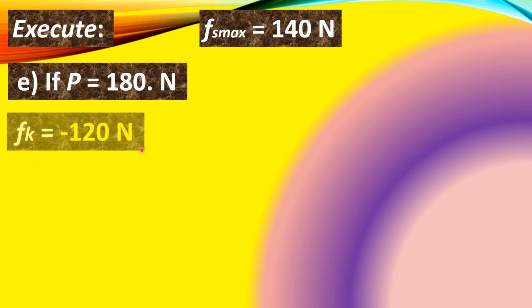The kinetic friction is the opposing friction that the moving body will experience. That's why it's called kinetic friction, because now the crate is in motion.